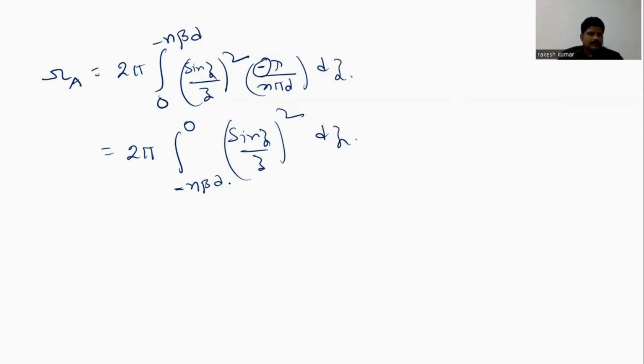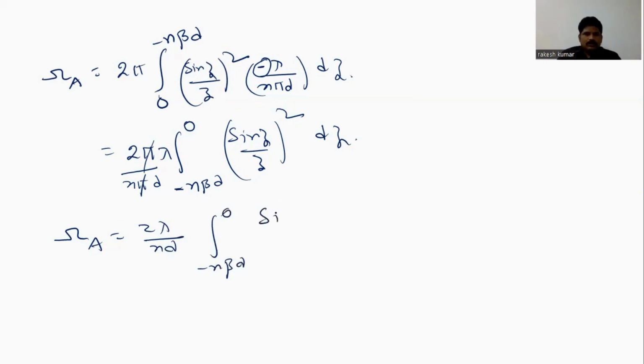Okay, so pi will get cancelled. Therefore, sigma a is equal to lambda by n d integration of minus n beta d to 0 sin z by z whole square dz.